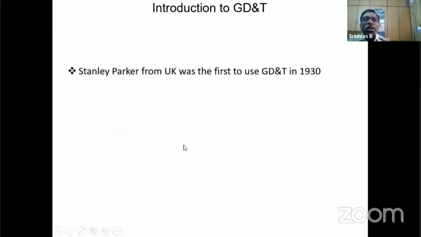See, long ago, during the First World War, that is 1914 to 1918, Mr. Stanley Parker was working for a company called Royal Torpedo in Scotland. War was going on, therefore it was on war footing basis.